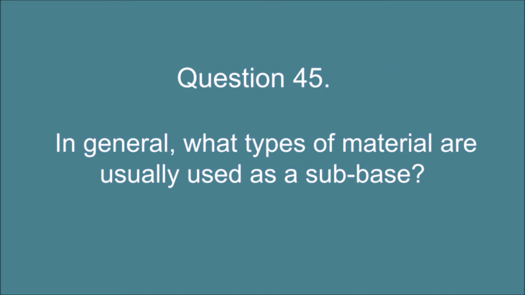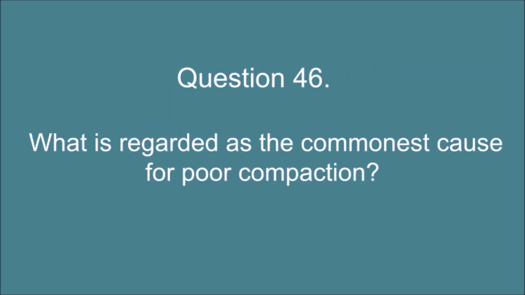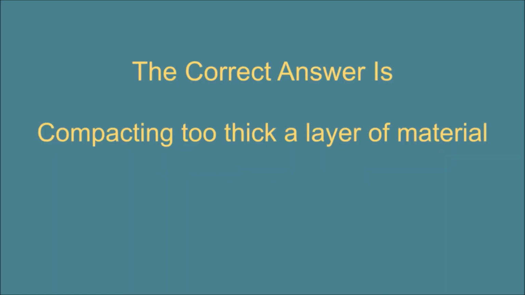In general, what types of material are usually used as a sub-base? The correct answer is gravel and sand mixture. Question 46. What is regarded as the commonest cause for poor compaction? The correct answer is compacting too thick a layer of material.